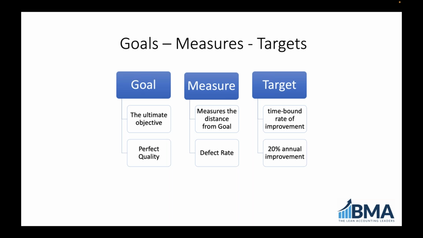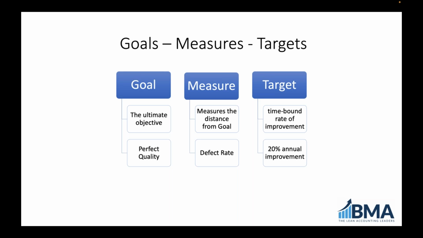The goal doesn't change, and these are lean focused goals: perfect quality, short lead times, things like that. So it's conceptual at one level. The measure is really measuring the distance from the goal. What is the defect rate?